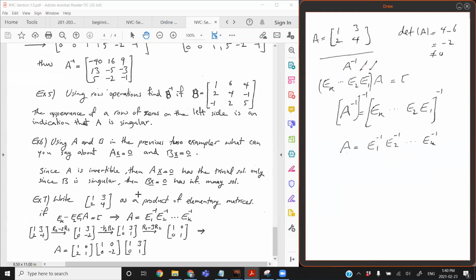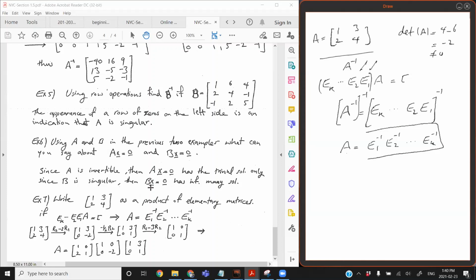I need to keep track of them and then find E1 inverse, then E2 inverse, then E3 inverse, all the way to EK inverse, and then I can multiply them in this order. That would be A expressed as a product of elementary matrices.